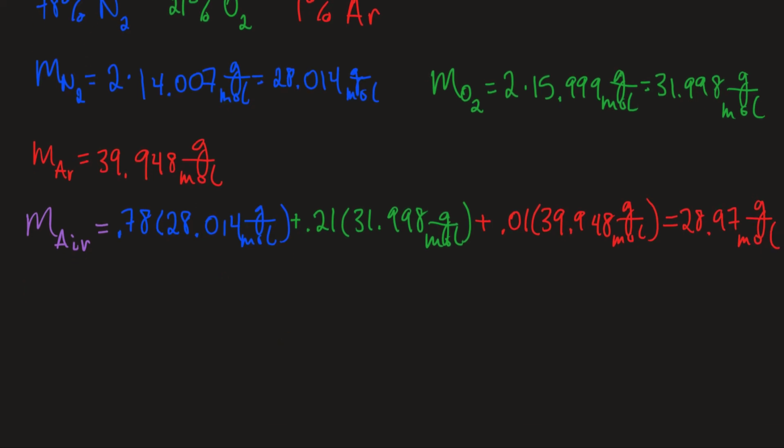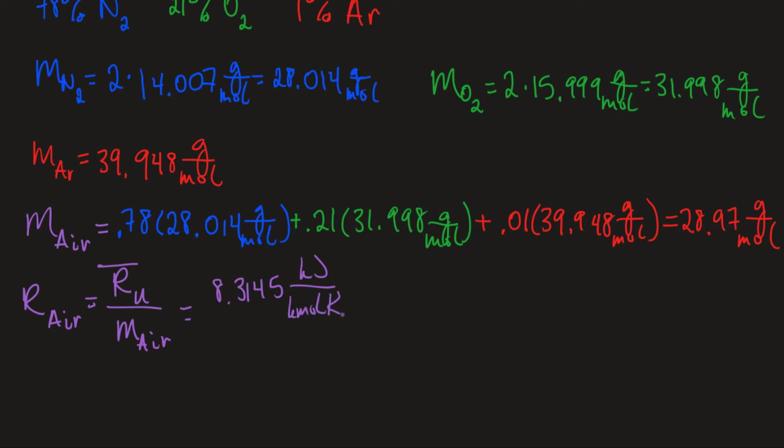Awesome. So now we can use this to find that gas-specific constant of air. From above, we said that it was equal to the universal gas constant divided by the molar mass of air. So that's 8.3145 kilojoules per kilomole Kelvin, divided by the molar mass of air that we just found, 28.97 grams per mole.